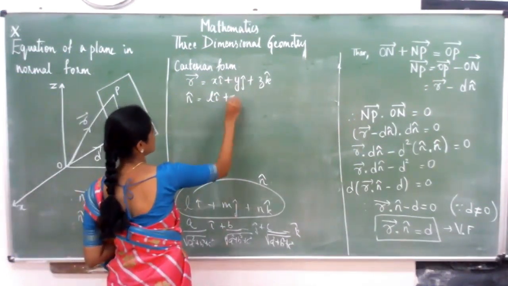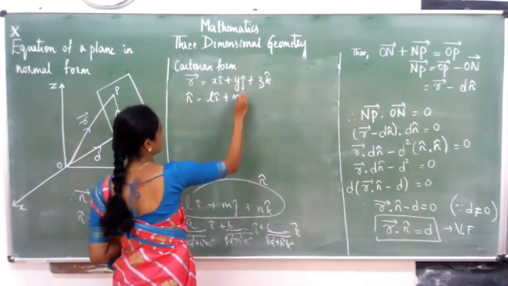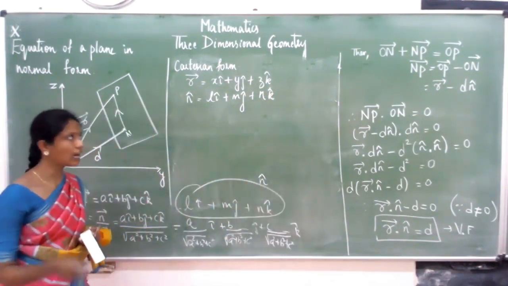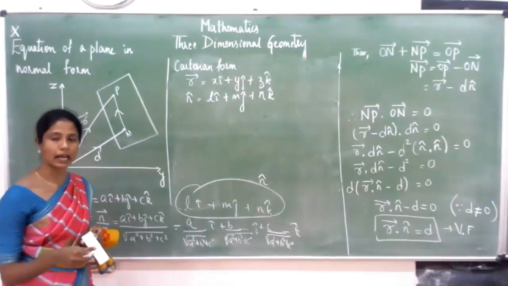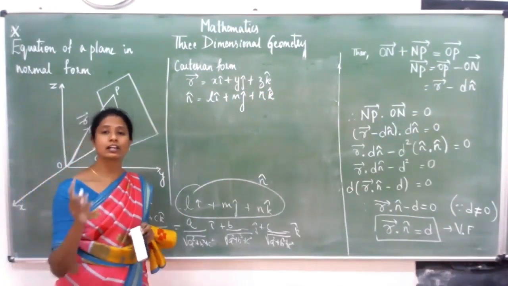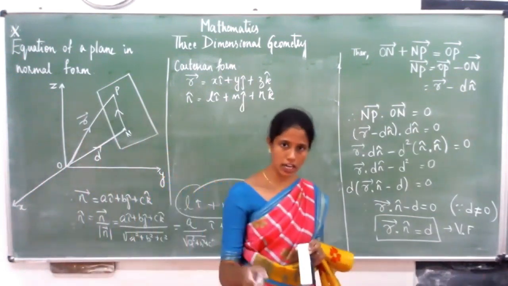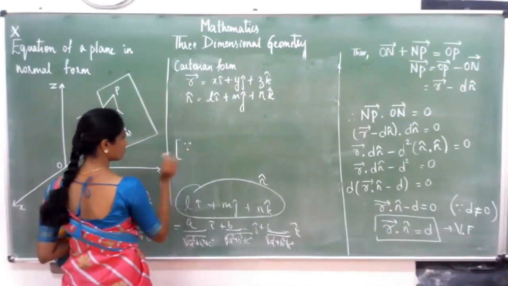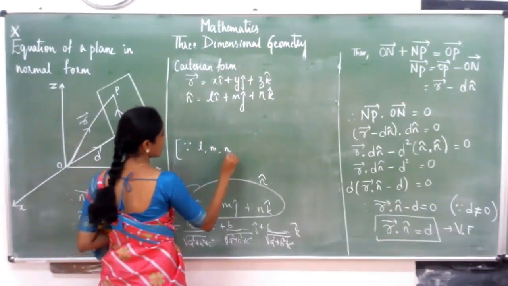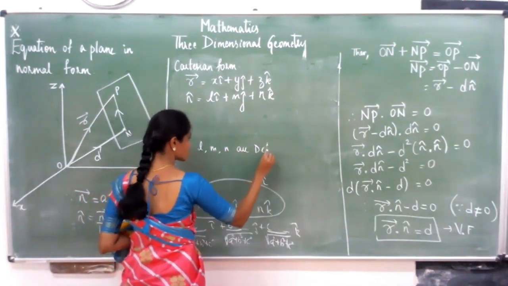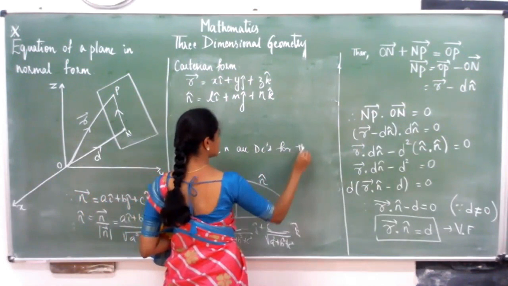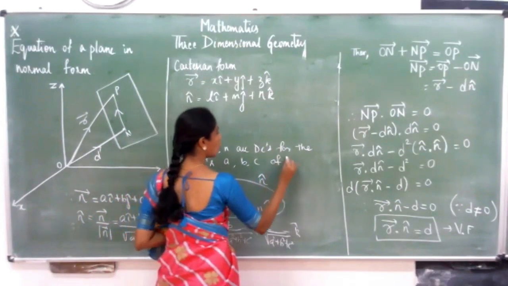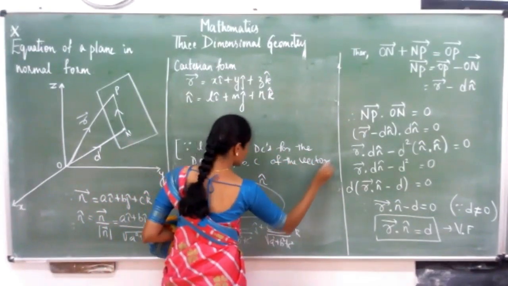So in your exams, while writing your answers, you can write directly that n cap is given by l i cap plus m j cap plus n k cap. What are those? Those are the direction cosines for the direction ratios A, B, C. So you can make a note of it while writing your notes. l, m, n are direction cosines for the direction ratios A, B, C of the vector n.